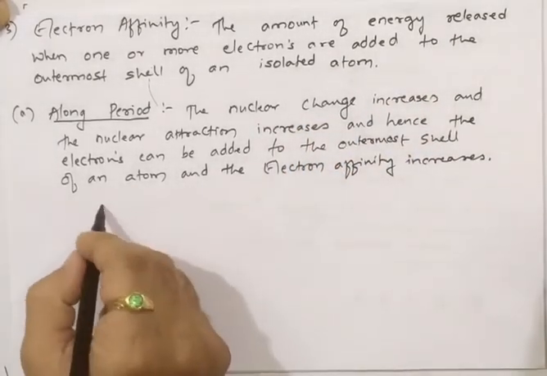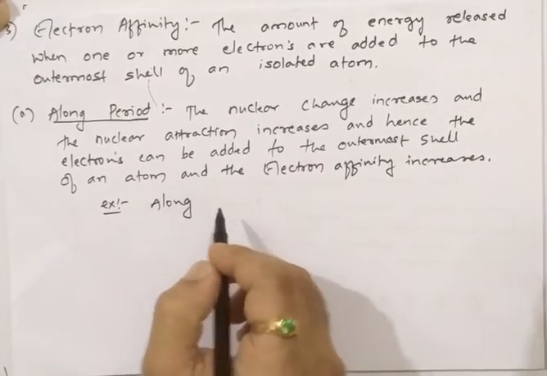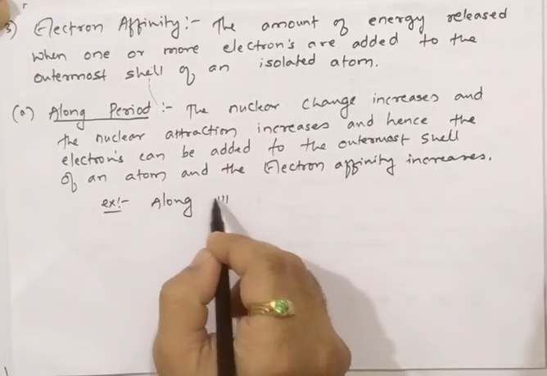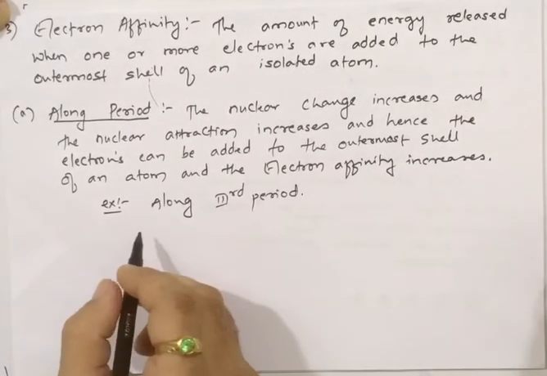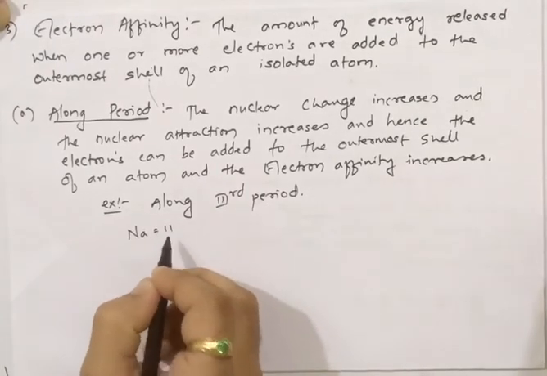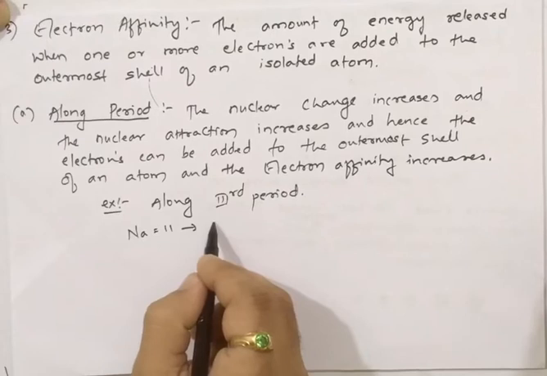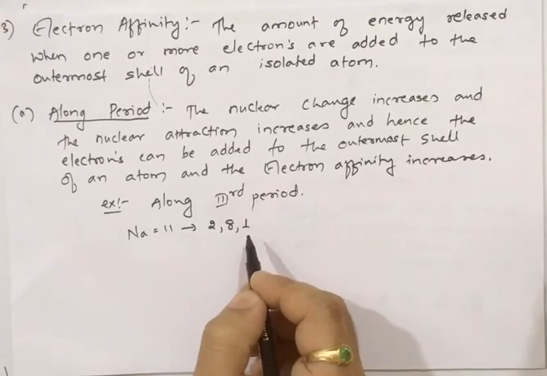Take an example along third period. If you are taking a third period, the first element along the third period is sodium. This is 11. So what is its electronic configuration? 2, 8, 1, correct or no?